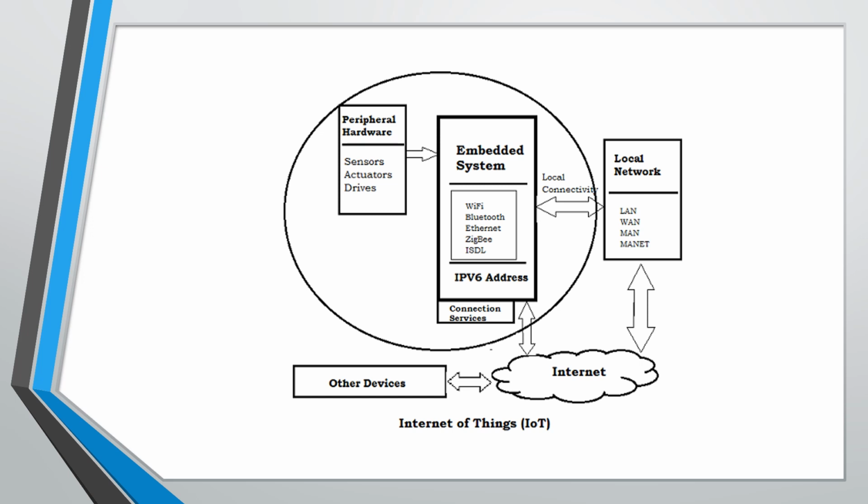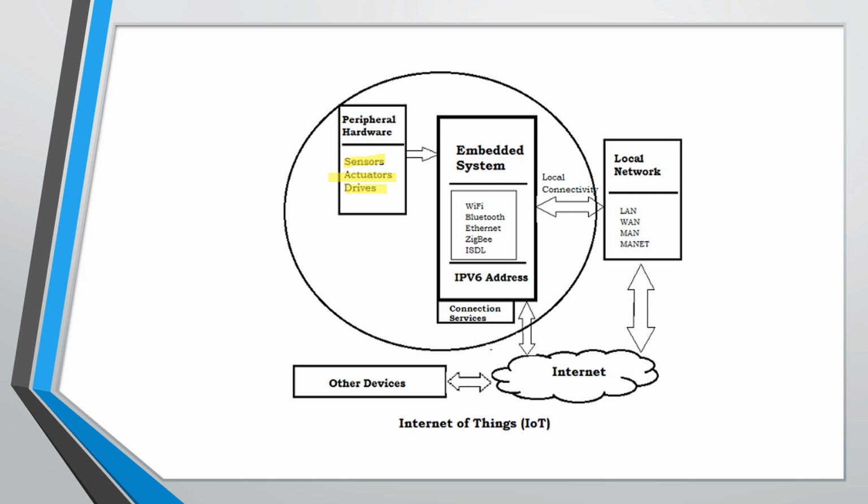When we are talking about embedded devices, there are peripheral devices in an IoT project. They are sensors, actuators, drivers, drives, and embedded systems. When we talk about this peripheral hardware, we also need to take into consideration that we are connecting those things in the IoT to the Raspberry Pi or to the Arduino Uno.